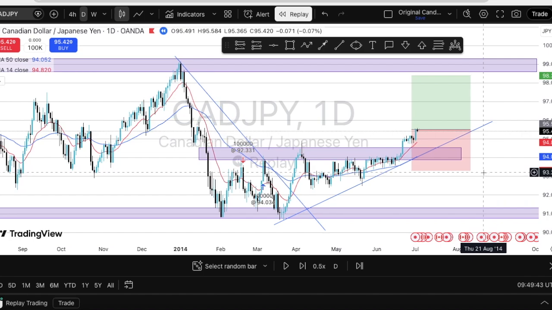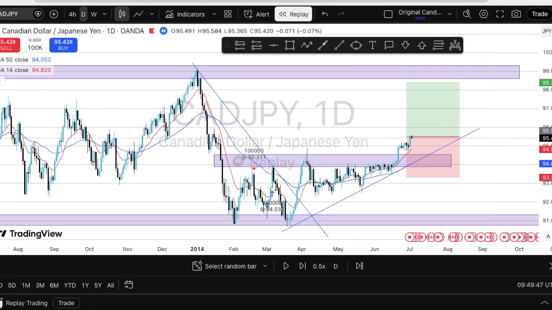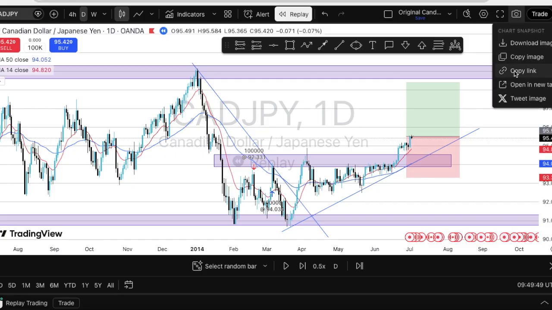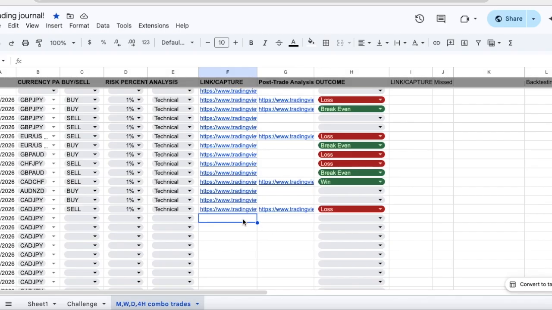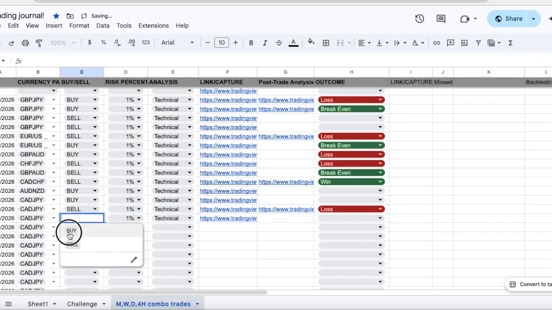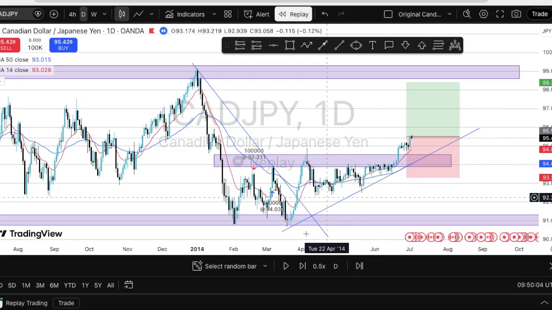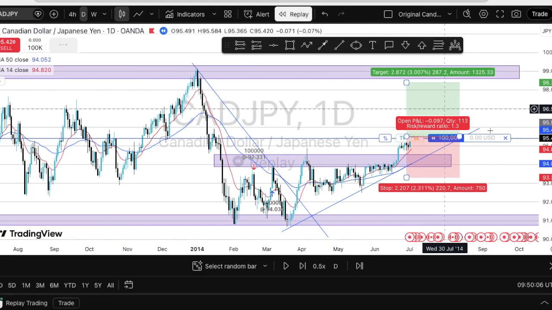Paste technical 1%, and we are buying. Alright, let's go.